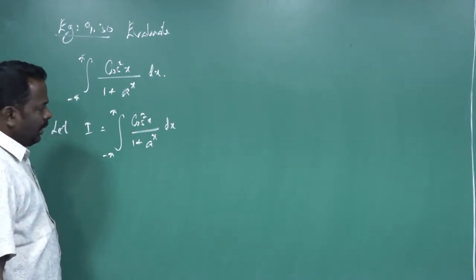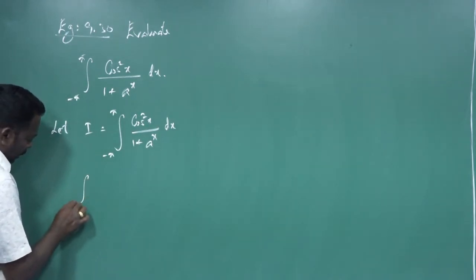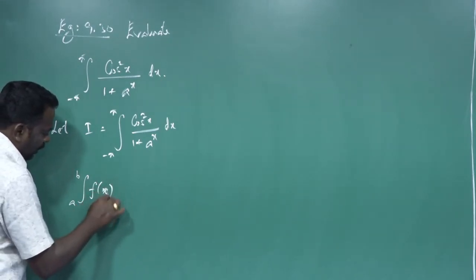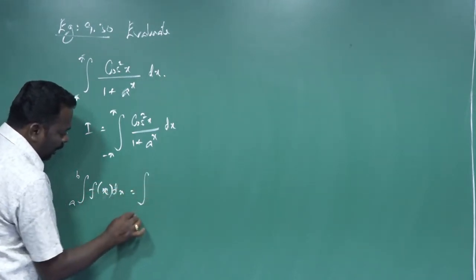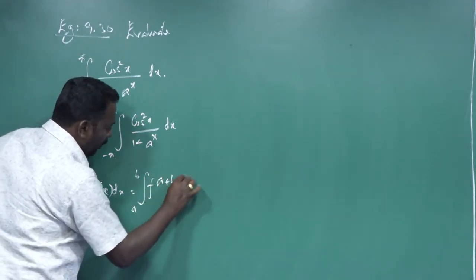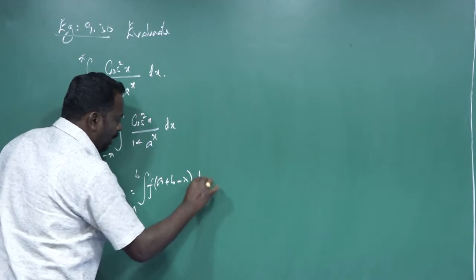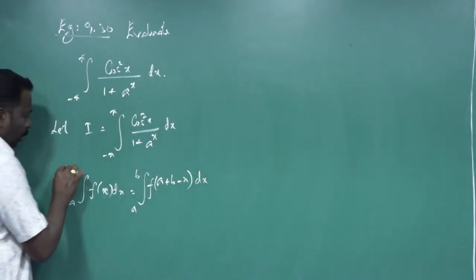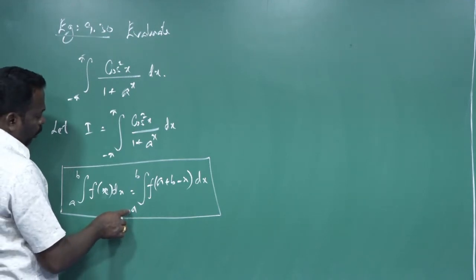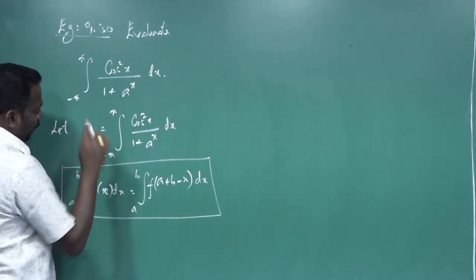Now apply the integral formula: the integral from a to b of f of x dx is equal to the integral from a to b of f of a plus b minus x dx. Apply this formula now. Here a to b is defined by minus pi to plus pi.